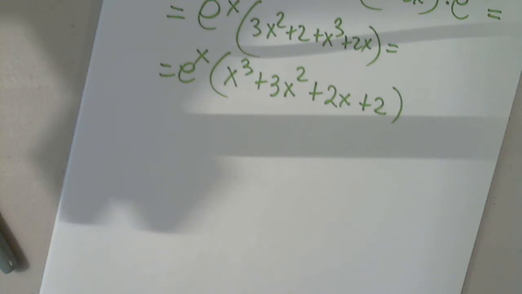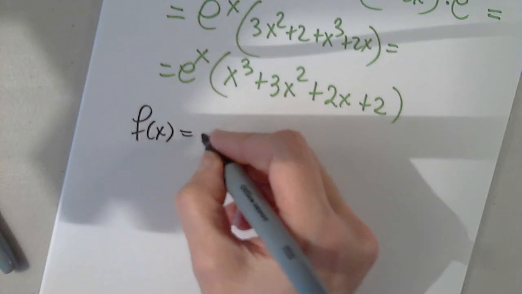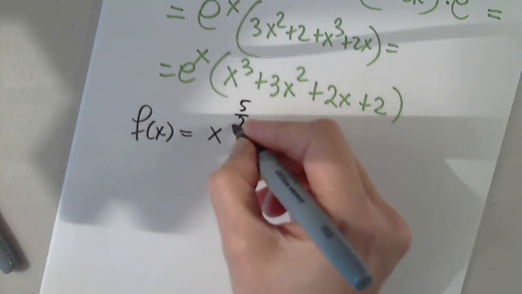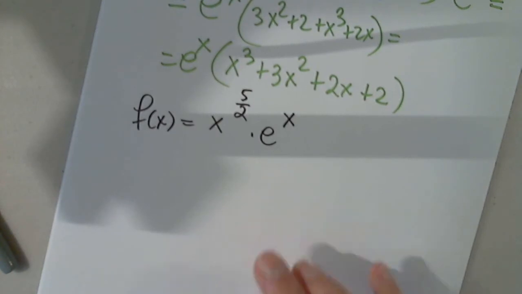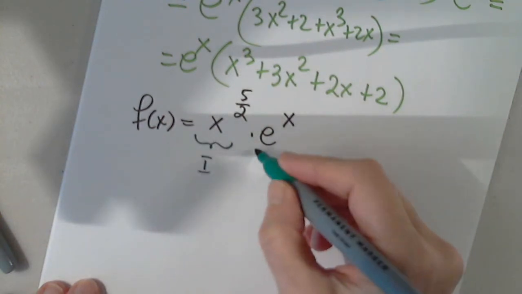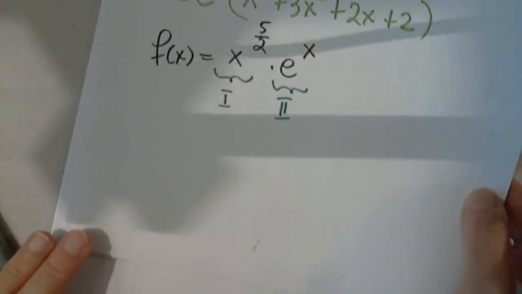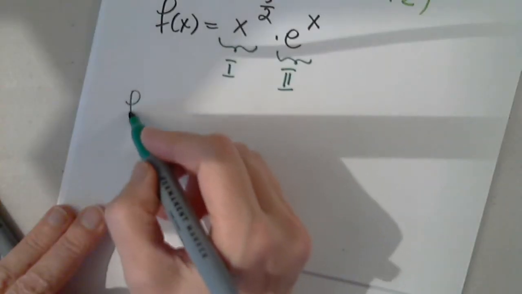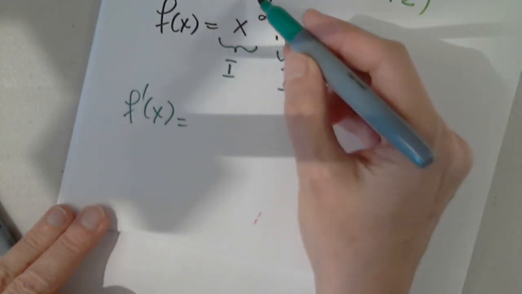Here is another quick example. F of x equals x to 5 halves times e to the x. Another typical example in which I have function 1 and function 2. I have no choice but to use the product rule. So then f prime of x is the first function prime.